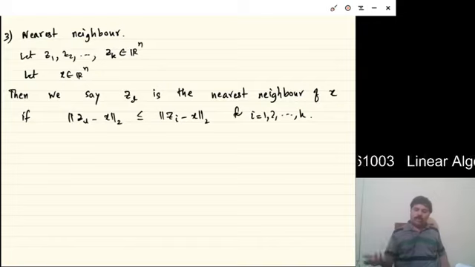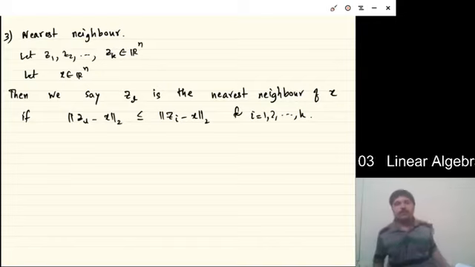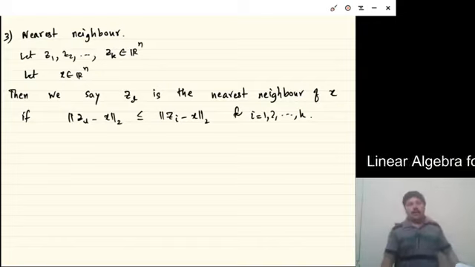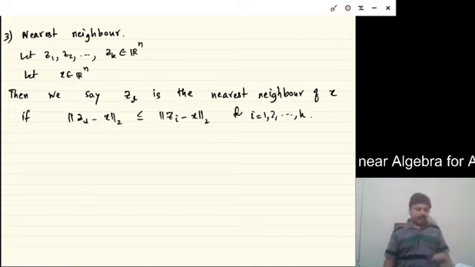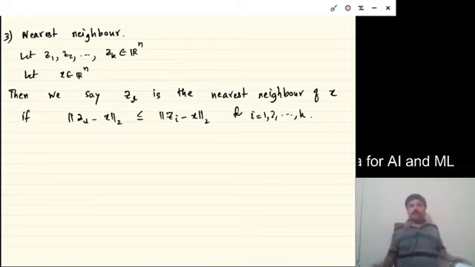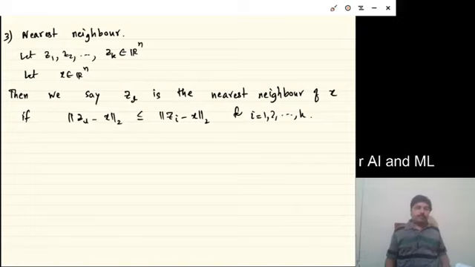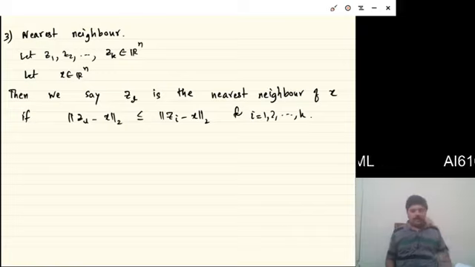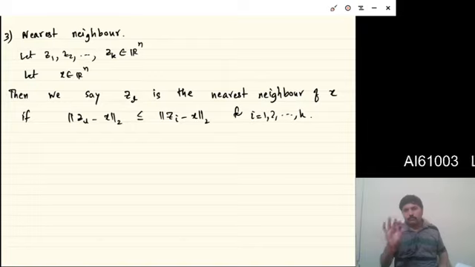The m nearest neighbors or the nearest neighbor play a very important role in one of the many important algorithms, k-means clustering. That is something you will see in subsequent classes or in your assignments. So this concept will come very handy. This is what I want you to look at.